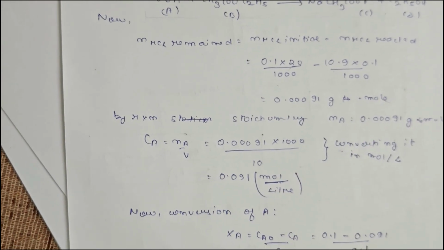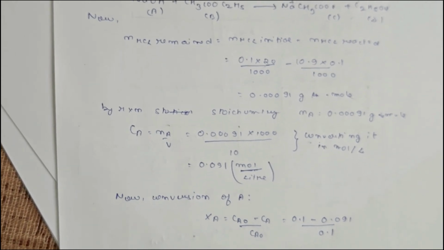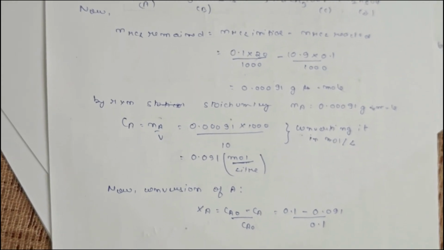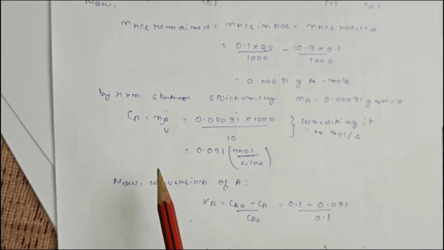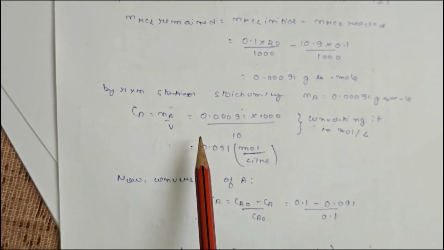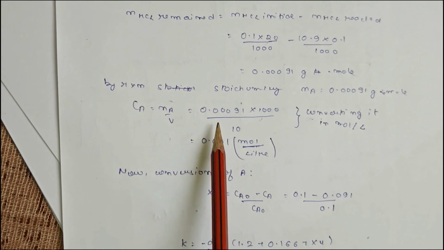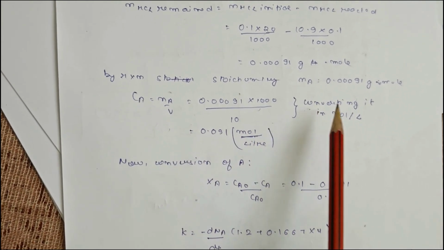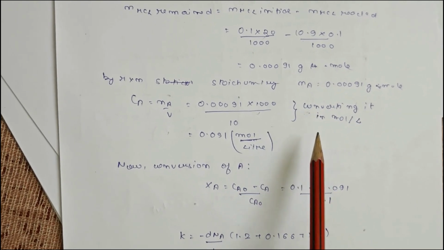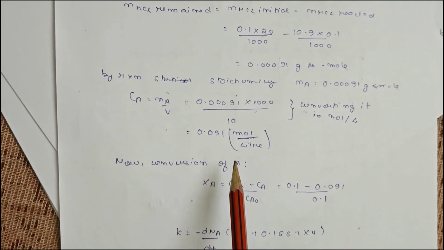By reaction stoichiometry, we get the number of moles of A, which is NaOH, as 0.0091 gram mole, and the concentration of A is given by Na by V, calculated as 0.0091 into 1000 upon 10, converting it into mole per liter, which comes out to be 0.091 mole per liter.